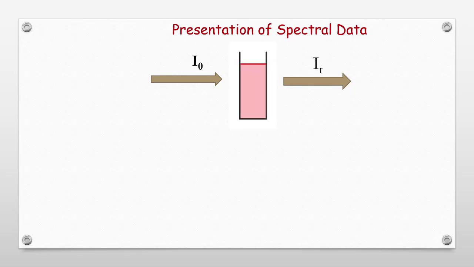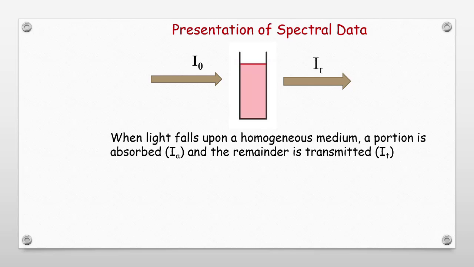Now how is the spectral data presented? Let a sample be exposed to radiation in the UV visible region and I0 be the intensity of the incident radiation. So when light falls on a homogeneous medium, a portion is absorbed, IA, and the remainder is transmitted, which can be represented as IT.